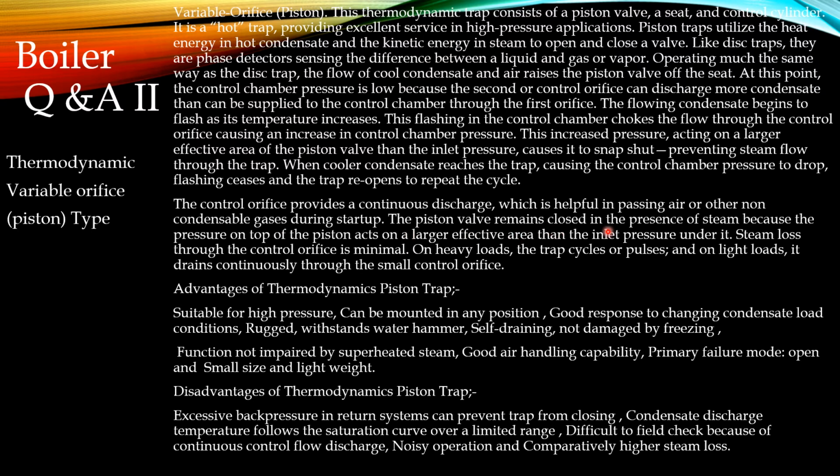The piston valve remains closed in the presence of steam because the pressure on top of the piston acts on a larger effective area than the inlet pressure under it. Steam loss through the control orifice is minimal. On heavy loads, the trap cycles or pulses, and on light loads, it drains continuously through the small control orifice.